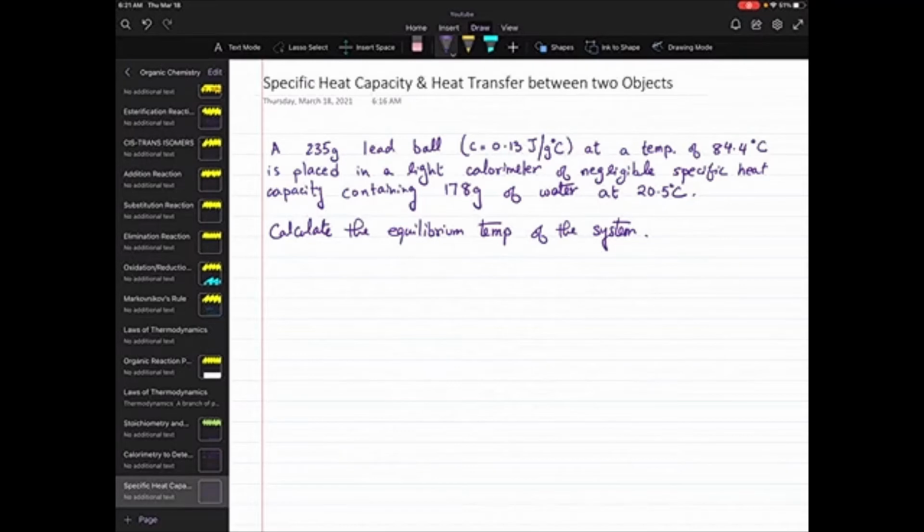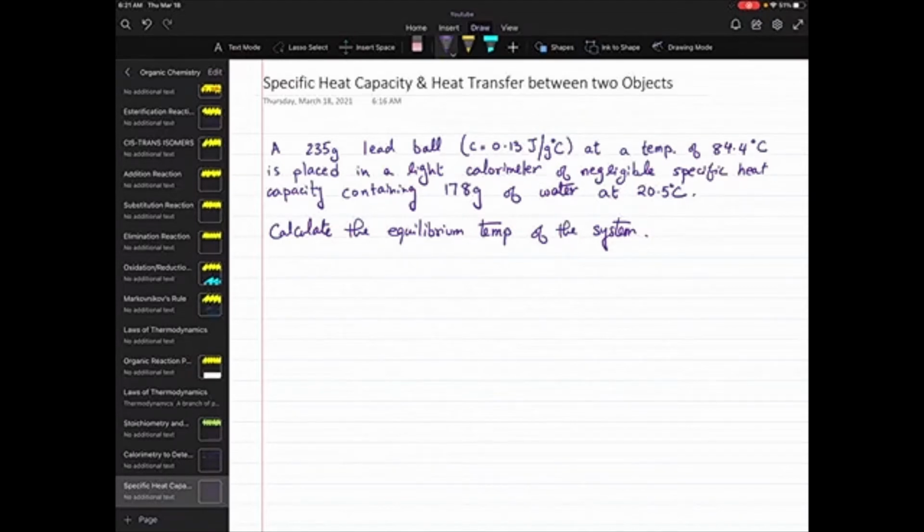We have the lead ball, and we have the calorimeter which has the water. When we put the hot lead ball into the coffee cup calorimeter, or in this case the light calorimeter, the temperature of the water, which is at 20.5 degrees Celsius, will go up, and the temperature of the lead ball, which is 84.4 degrees Celsius, will go down until the final temperature is reached, at which point the temperature of the lead ball and the water is the same.